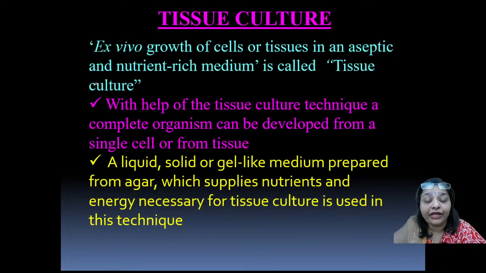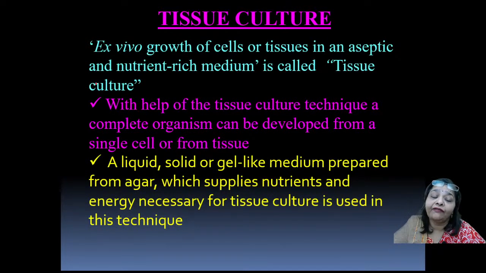So we need to grow the cells ex vivo but in a germ free condition. Not only that, it also requires nutrients. Of course, every organism requires nutrients for energy, so a nutrient rich medium is provided to that particular tissue or that particular group of cells.